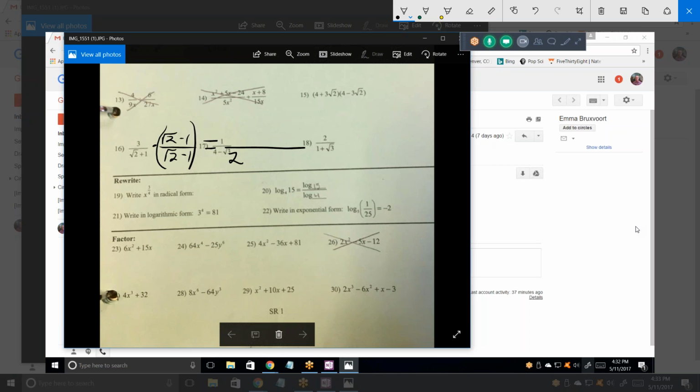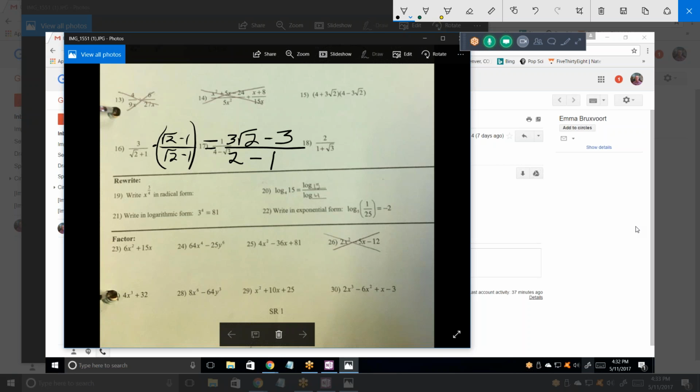And what's the second term? Minus 1. So that's the denominator. What's the numerator? It's 3 times that term, which is 3 root 2, minus 3 times 1.